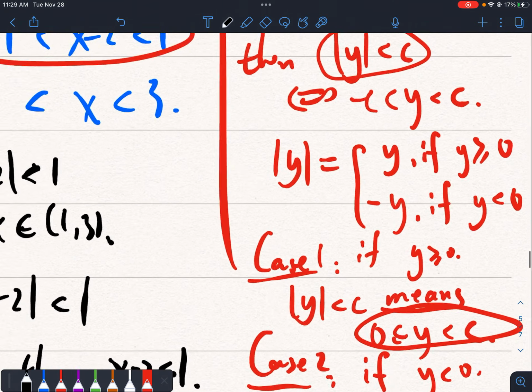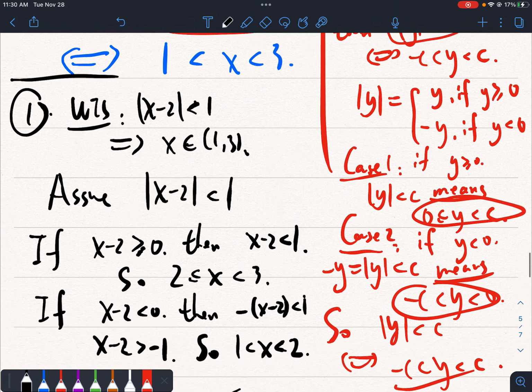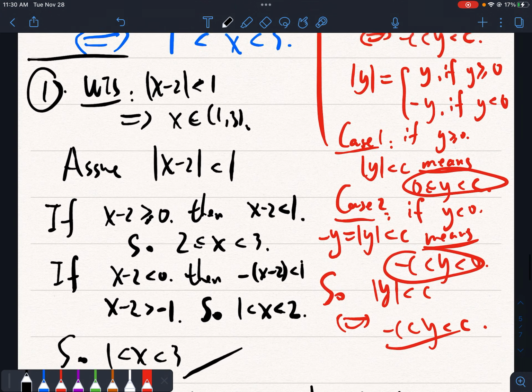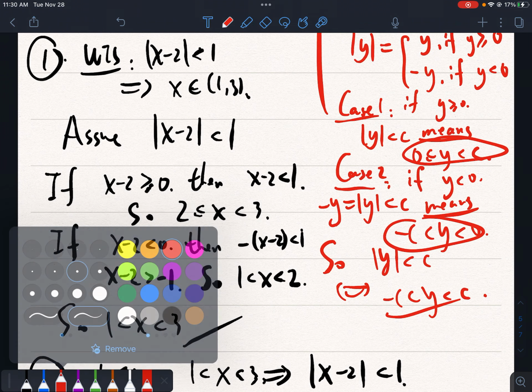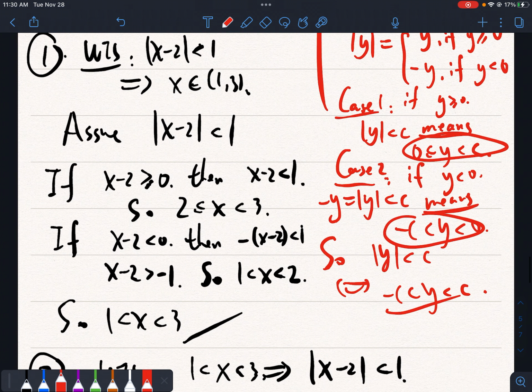So for example, in the proof of the lemma, let's look at this direction, okay? So we have assumed that this absolute value is less than 1.